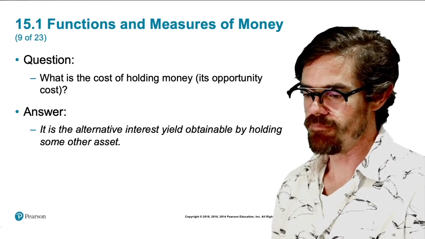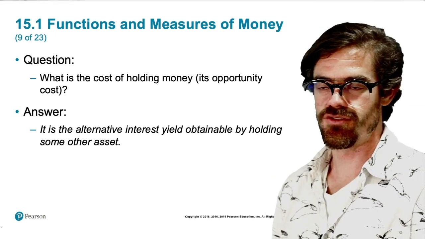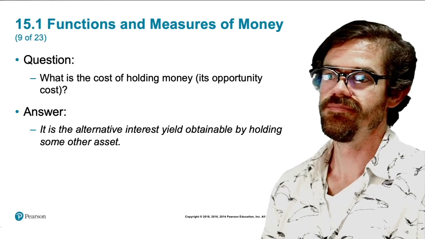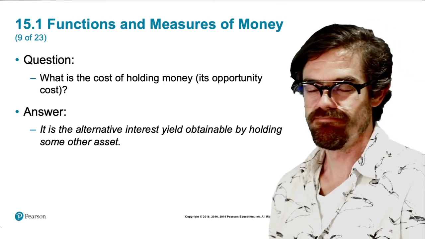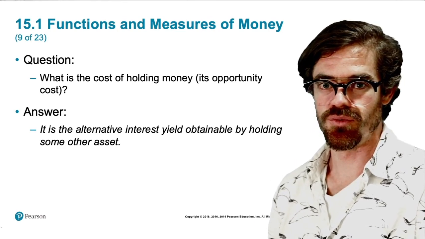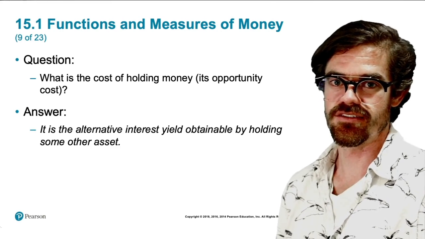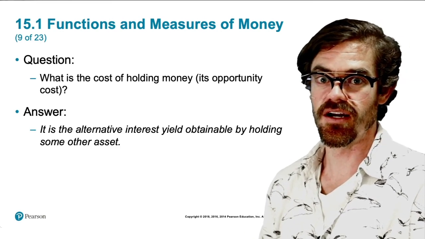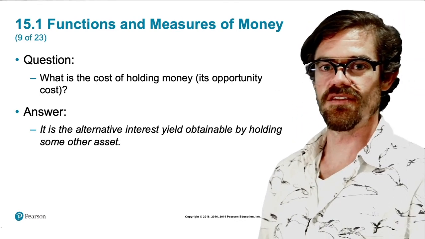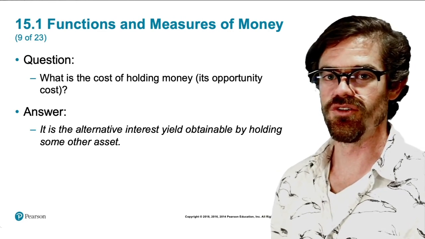Let's just say, for example, there's a savings account that pays 1% interest. You could hold $100 in your wallet, in which case it doesn't earn you any interest. Or you could put that $100 in a savings account that earns you 1% interest, and after a year, you would have $101. So in that sense, by holding on to it, you're giving up that interest payment. So there is a cost to holding money. It's the opportunity cost, what you give up by holding it because of what you could do with it otherwise.